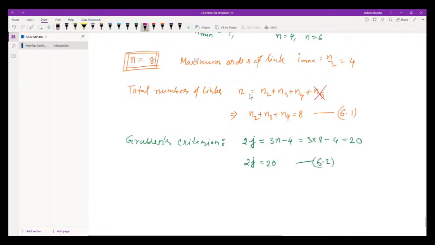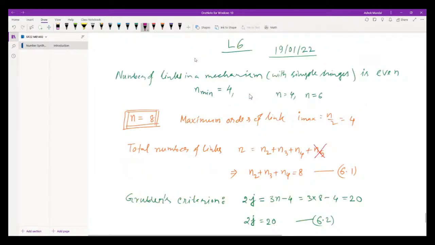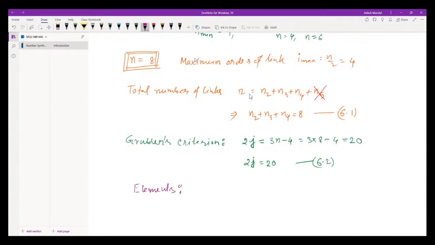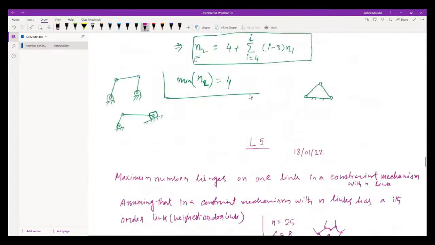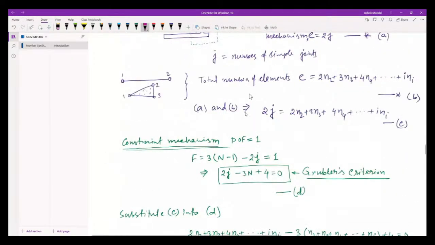Now we apply the definition of element. From the definition of elements, some equation we had earlier, when we discussed this, you see this 2j equals to something.